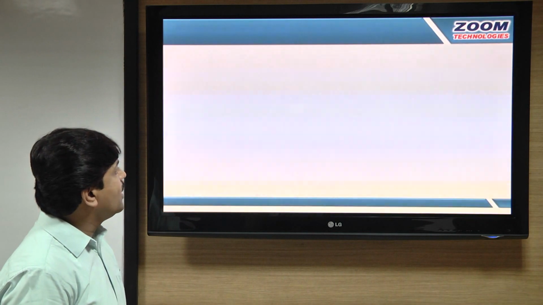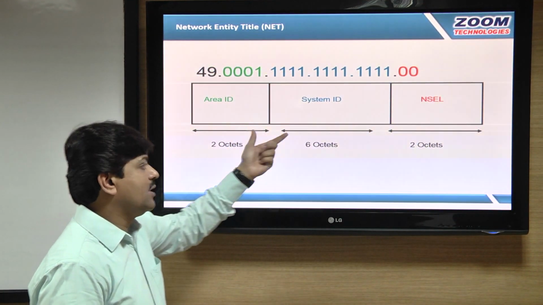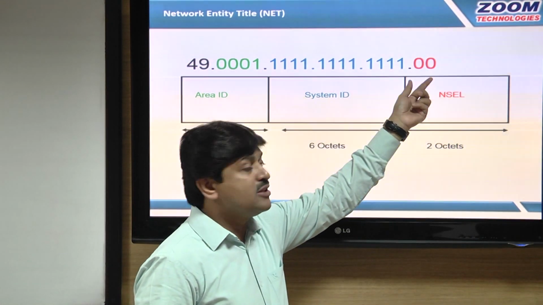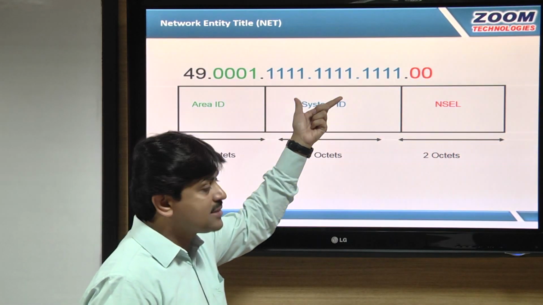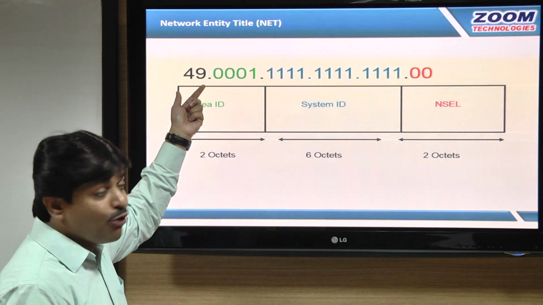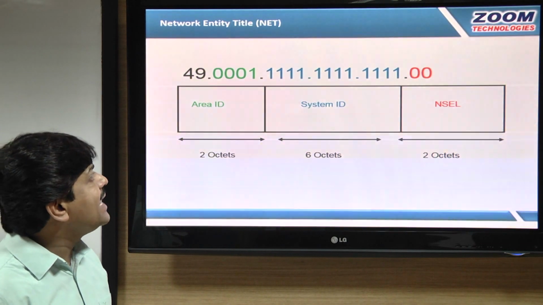So it is like this: we have area ID, system ID, and network selector. The 00 is for routers, this is the system ID, 6 bytes, and this is the area ID. Then 49 is basically for private addresses. So this is the network entity title.